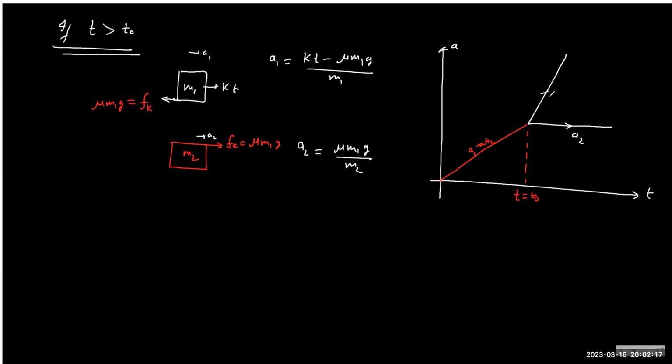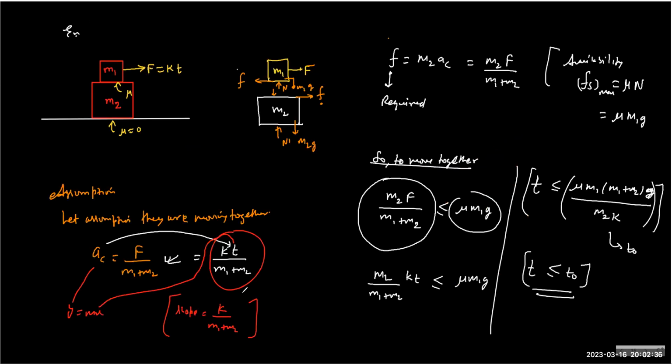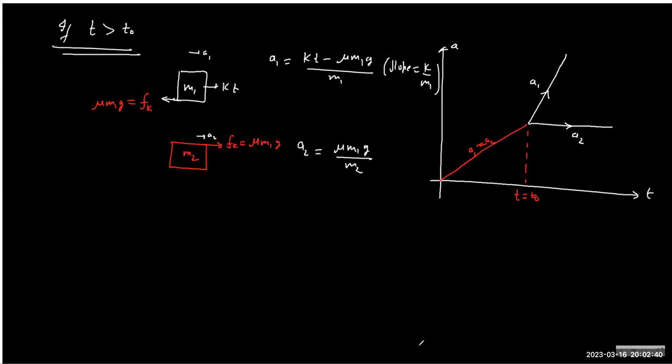And you can see I have made this an even bigger slope, right? Why? Any realization? Because now the slope is how much? It's a bigger slope than before, because earlier it was K by M1 plus M2, but now it is K by M1. This is the graph, and this is a very famous question for IIT JEE.